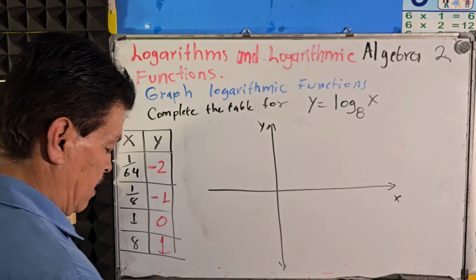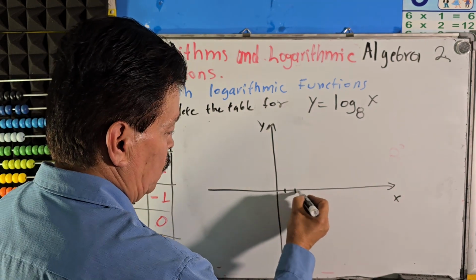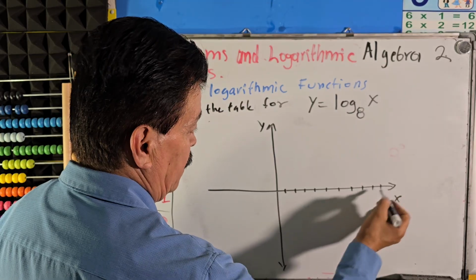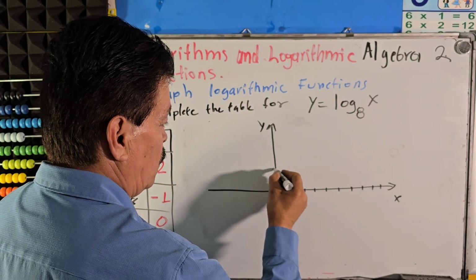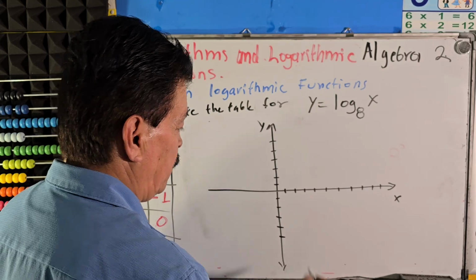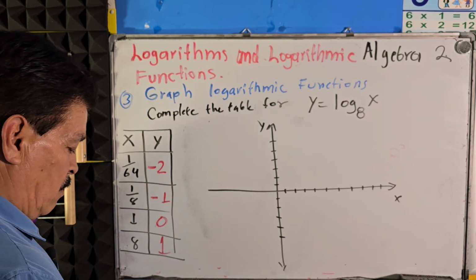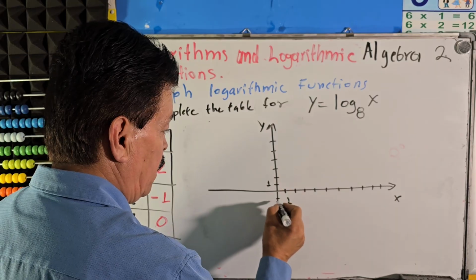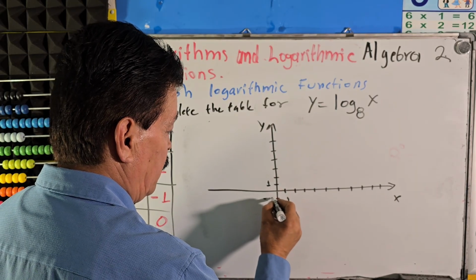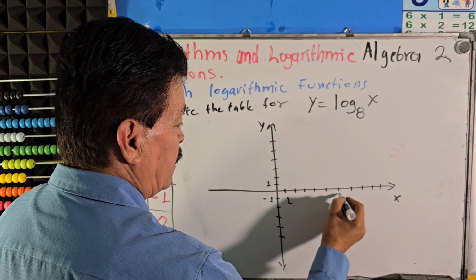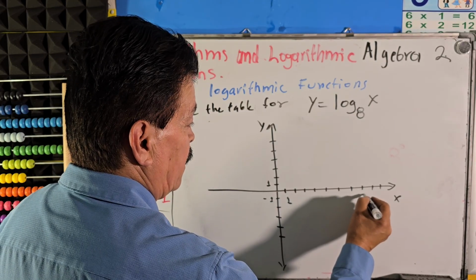Let's divide the numbers by 1, 2, 3, 4, 5, 6, 7, 8, 9, 10. Well, it's enough. So let's write 1 right here and negative 1. Okay, 2, 3, 4, 5, 6, 7, 8.